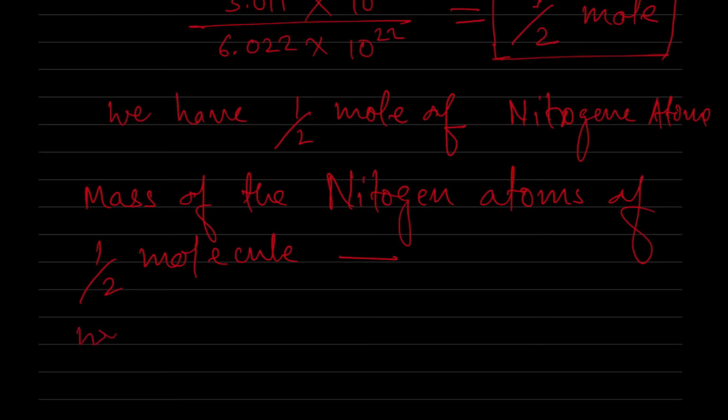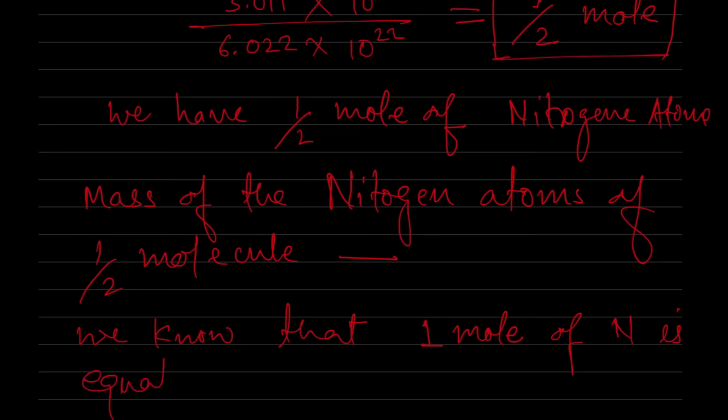We know that the mass of 1 mole of nitrogen is equal to 28 gram.